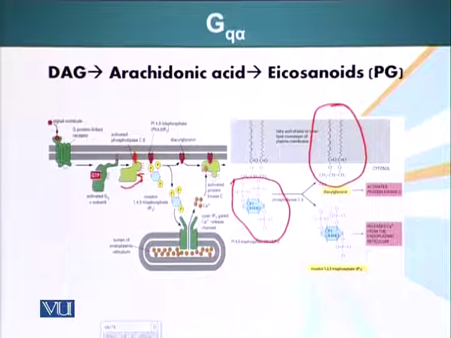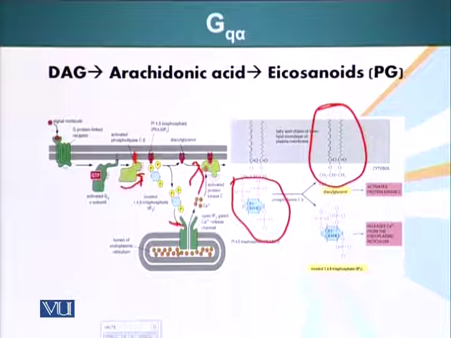Diacylglycerol can serve as an anchor to which another kinase, protein kinase C, can attach. This protein kinase C, in order to translocate to the plasma membrane, first has to bind calcium ions. The calcium ions are released from the endoplasmic reticulum when the other part of this molecule, inositol triphosphate, binds ion channels on the surface of the endoplasmic reticulum.